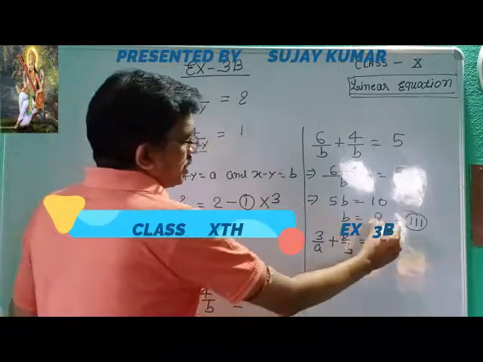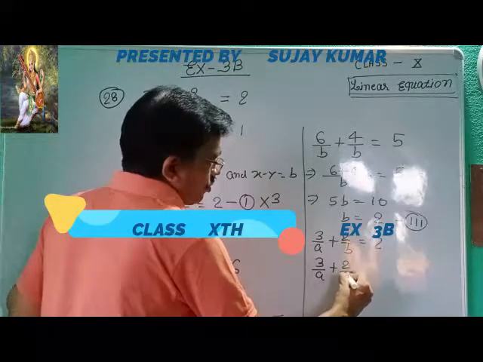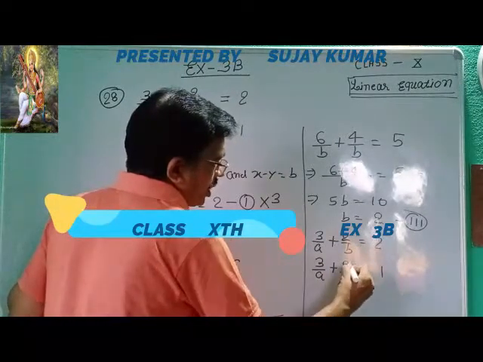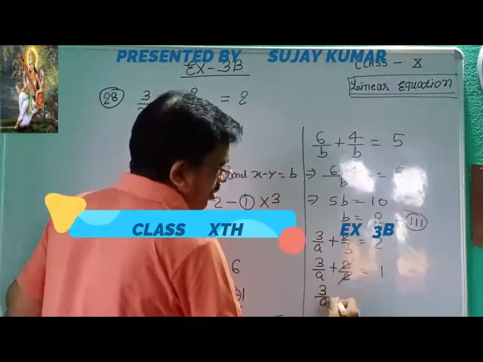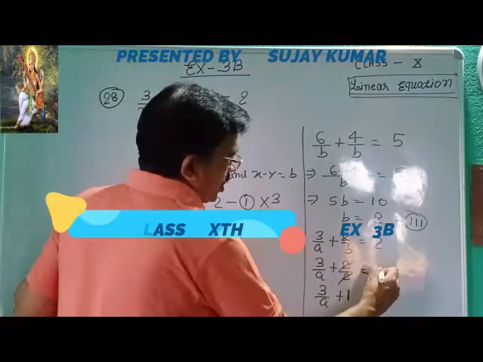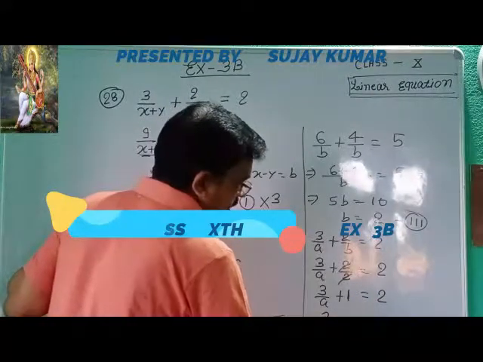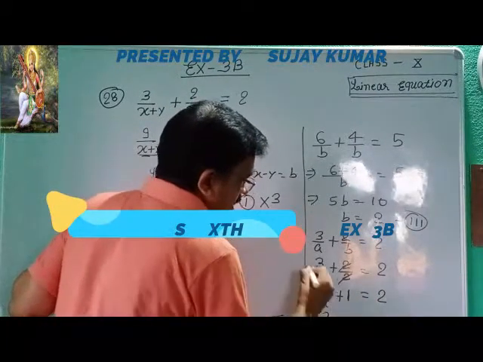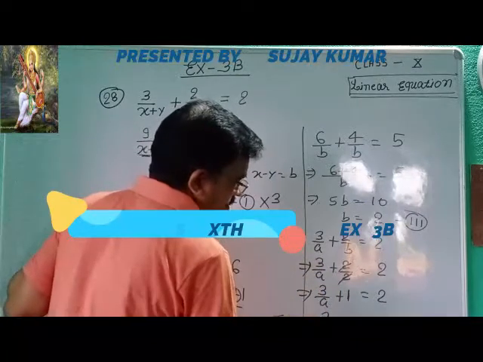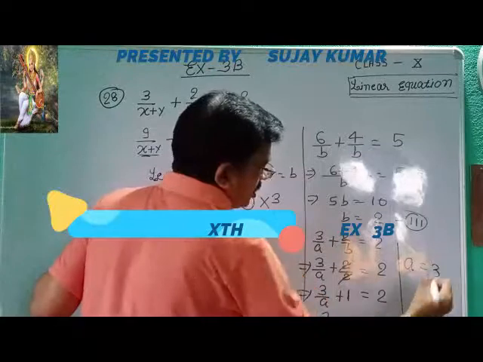Here b is equal to 2, so 3 by a plus 2 by 2 is equal to 2. Cancel it, then 3 by a plus 1 is equal to 2. Then 3 by a is equal to 2 minus 1, that is 1. Hence, a is equal to 3.